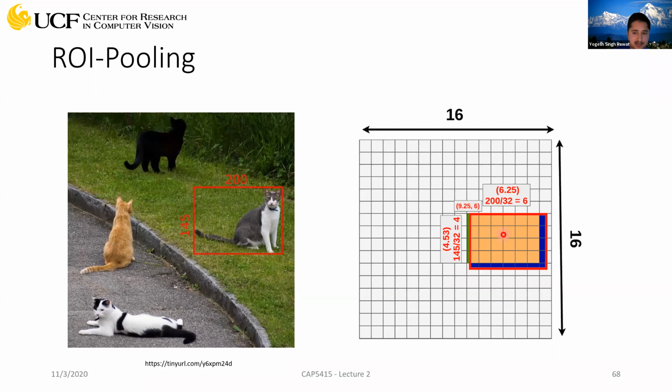To get this activation, if there are several layers in your CNN, then the actual region which you use to extract this activation will be much bigger than the actual projection of this bounding box on the input image. And that's called receptive field. So receptive field is something which, to get a pixel value or pixel activation here in the feature map, describes what region of the image is required.